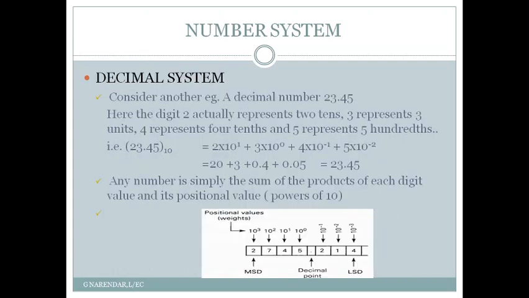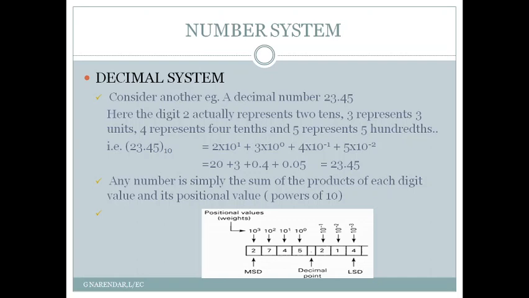And the positional values, if you can see, to the left of the decimal point, the position values for the various positions will be 10 power 0, 10 power 1, 10 power 2, 10 power 3, and so on as we move to the left from the decimal point.